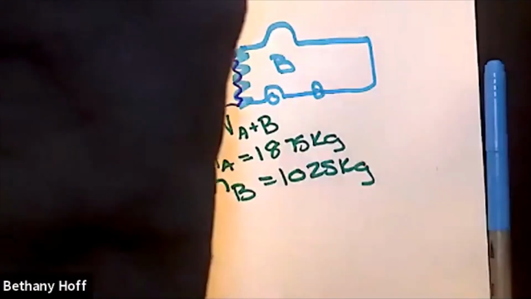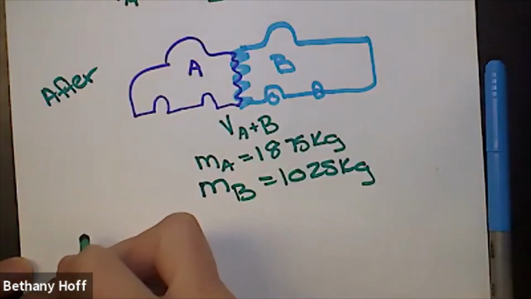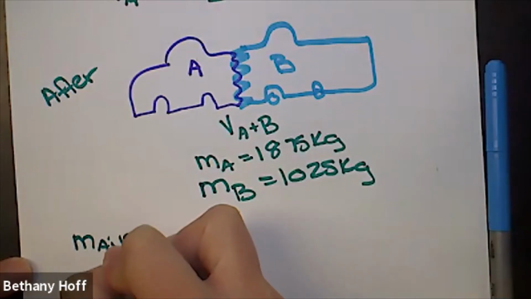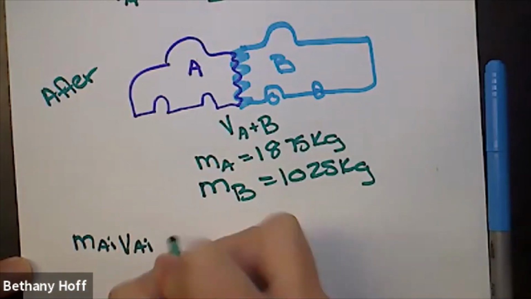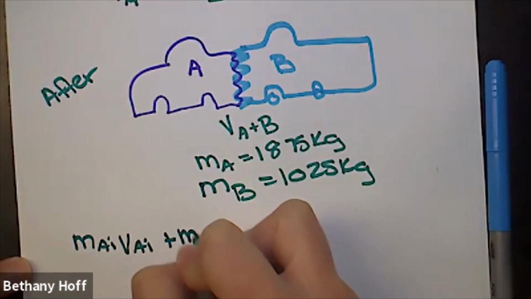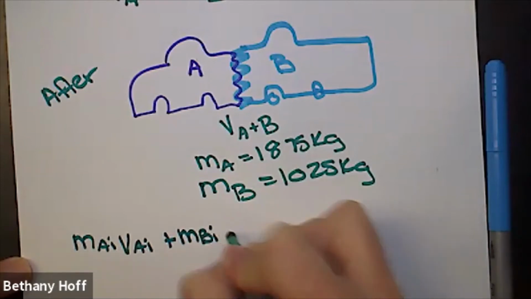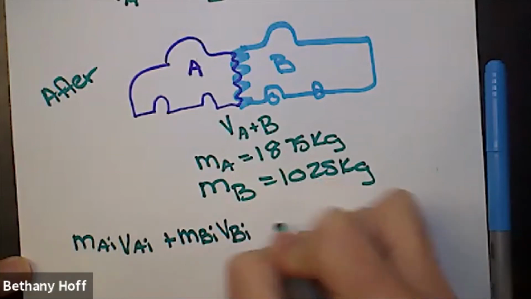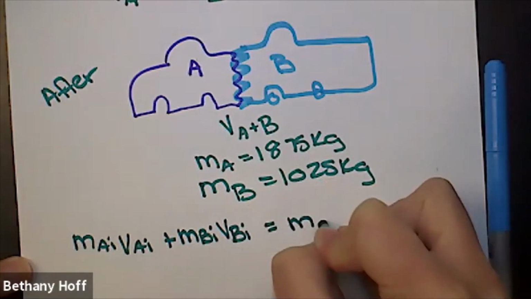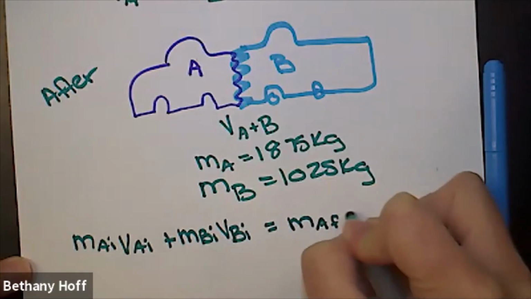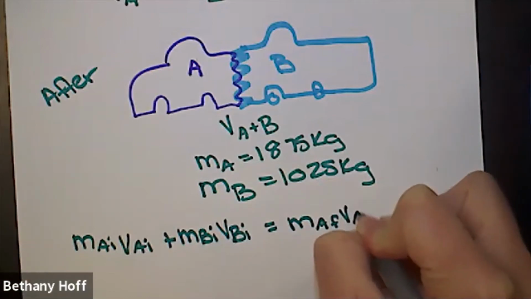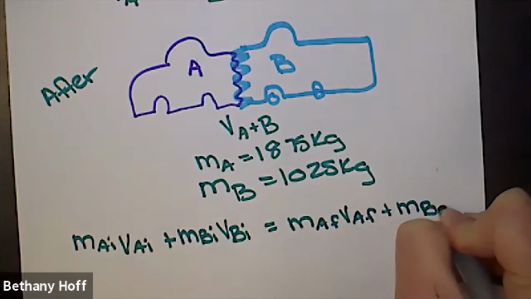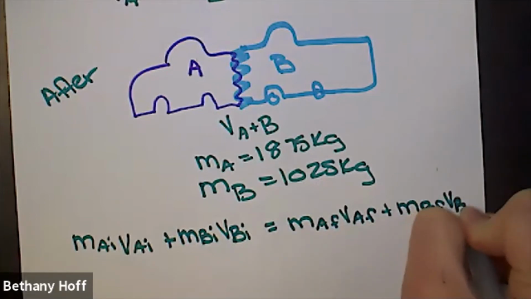We have the mass of A initial times the velocity of A initial, plus the mass of B initial times the velocity of B initial, is going to equal the mass of A final times the velocity of A final, plus the mass of B final times the velocity of B final.